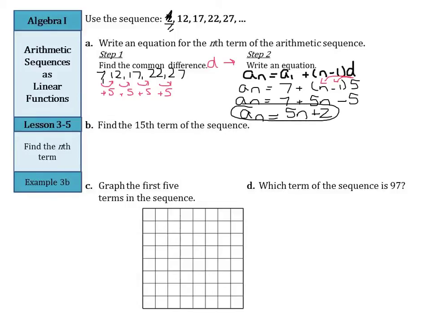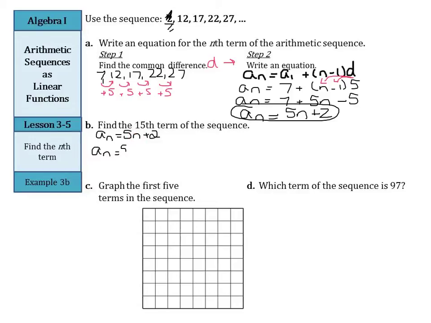I'm going to use that on the next few parts of this question. Find the 15th term of the sequence. Well, start with that equation, a_n equals 5n plus 2. We're looking for the 15th term, so that 15 is going to go in for n.